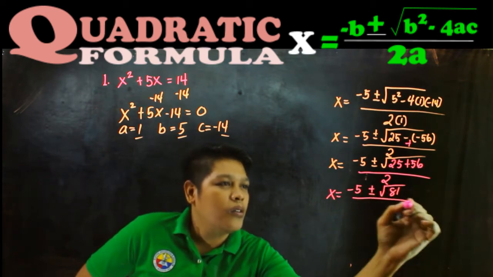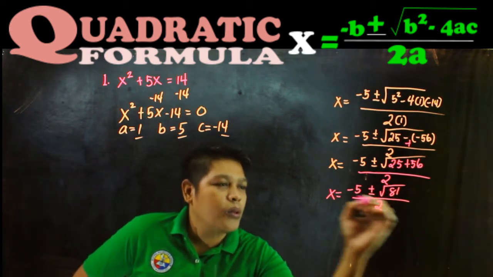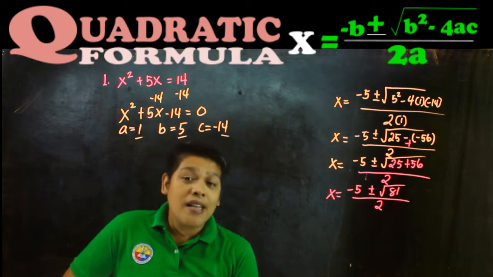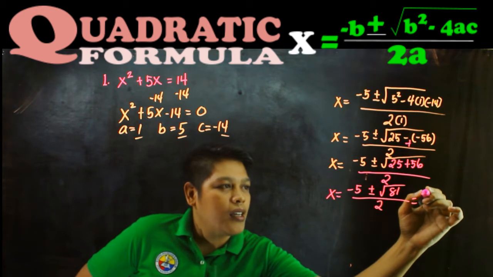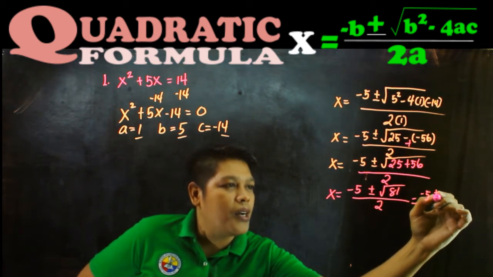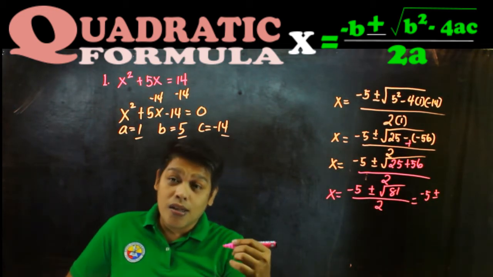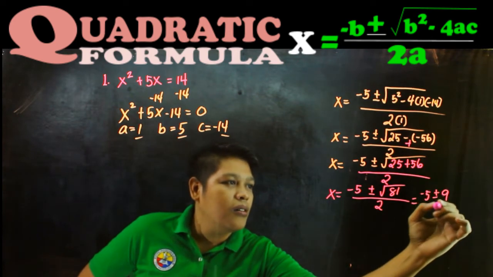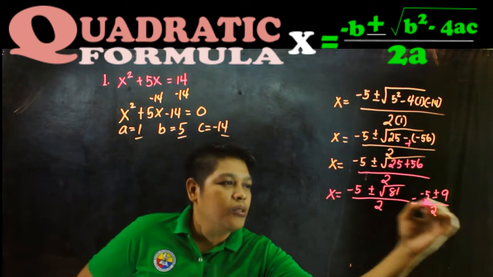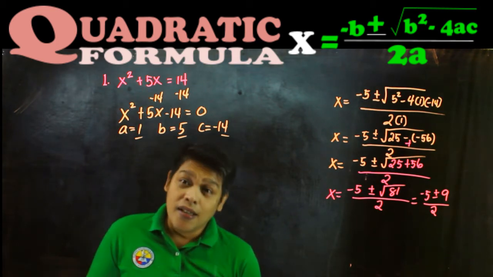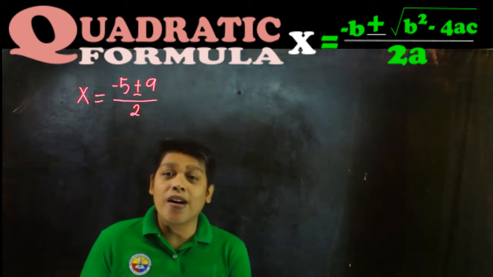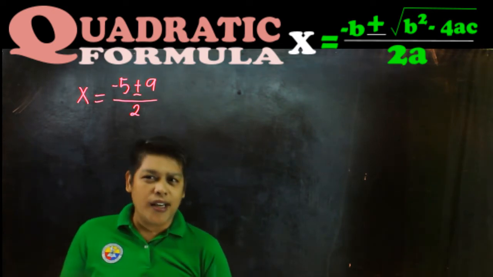81 over 2. What is the square root of 81? So it becomes negative 5 plus or minus square root of 81, which is 9, over 2. Magkakaroon tayo dito ng dalawang roots kasi nga quadratic equation. Magkakaroon tayo ng dalawang x, x sub 1 at x sub 2.